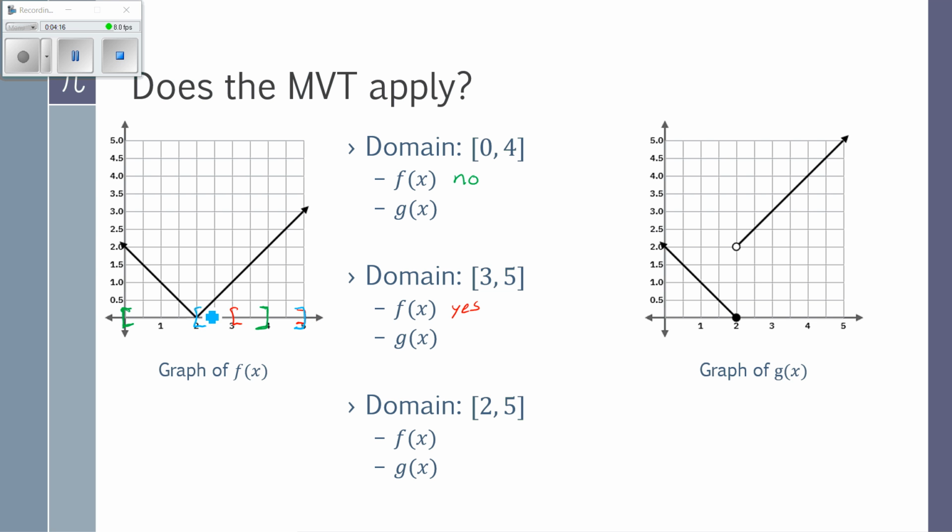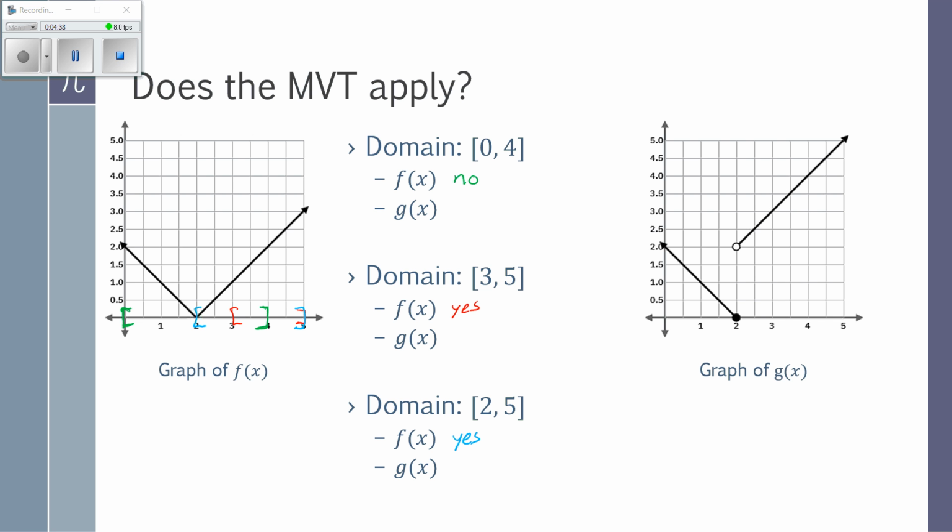And it is differentiable from 2 to 5, and the question then comes, well, but the corner's at 2. But remember, for differentiability, I need the open interval. Since the corner is at 2, from the open interval from 2 to 5, my function is differentiable. So yes, the MVT applies.